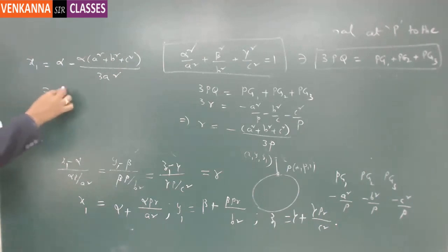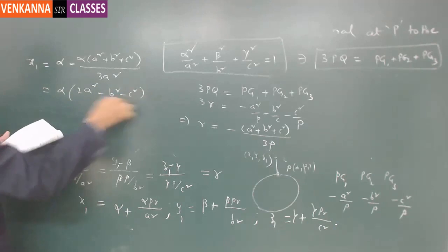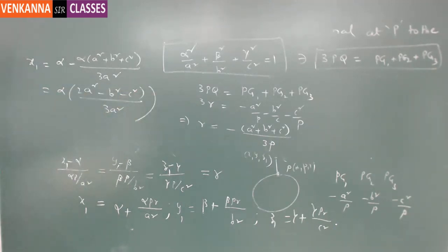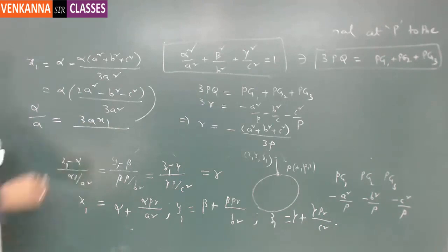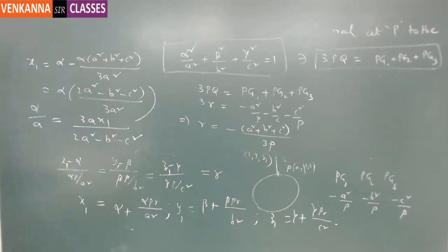That you can take as alpha into (2a square minus b square minus c square) by 3a square. So from this, you can write the value of alpha by a as 3a x1 by (2a square minus b square minus c square).